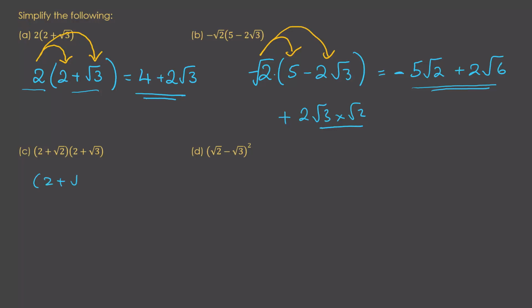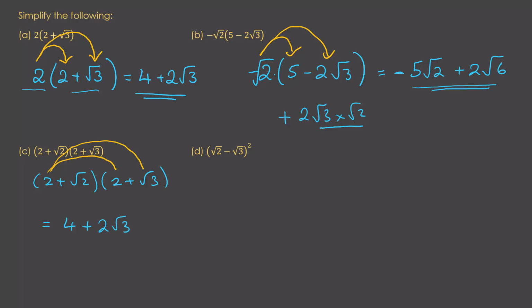Now with 2 plus root 2, 2 plus root 3. So to expand that, we're going to use the crab claw. So we get 2 times 2, which is 4. We then have 2 times root 3, and that's going to be a positive, so it's going to be plus 2 root 3.